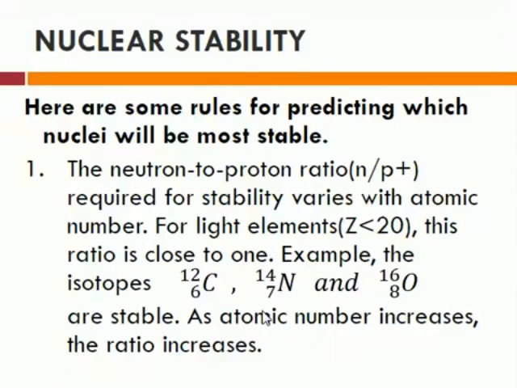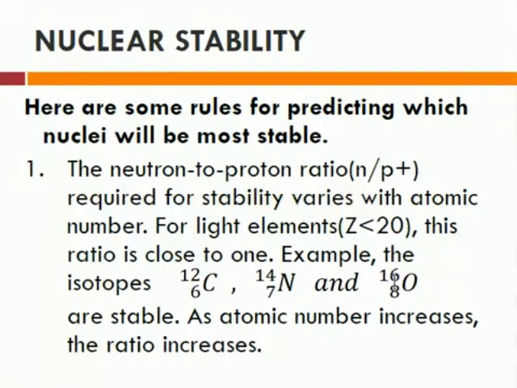For example, we have carbon. The mass number is 12, the atomic number is 6. Then nitrogen: the atomic number is 7 and the mass number is 14. Then oxygen: the atomic number is 8 and the mass number is 16.